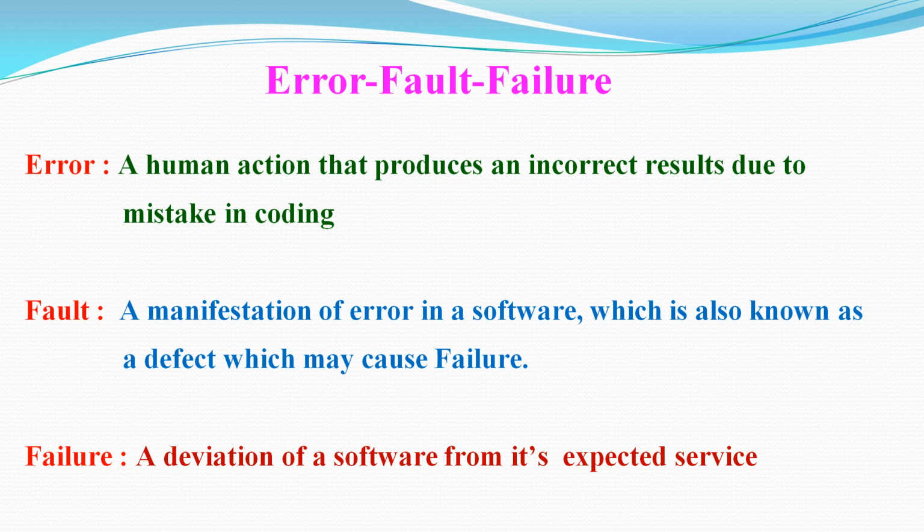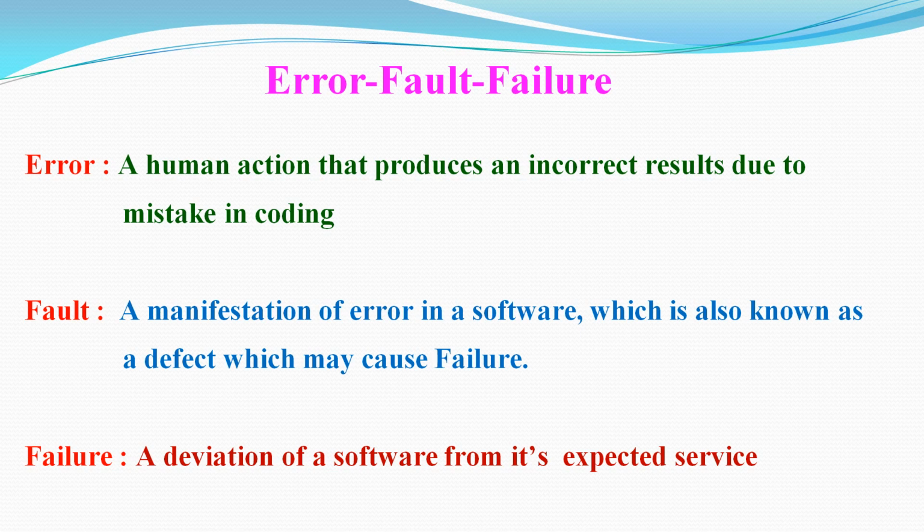For example, say it is supposed to do something. Instead of doing something, it is doing some other thing. So there is a deviation in the failure. This is deviation in the software. So the deviation of the software from its expected service is called a failure. Generally, the word error will always be used by the developers or the programmers in the software company.